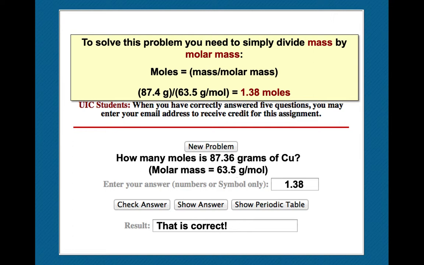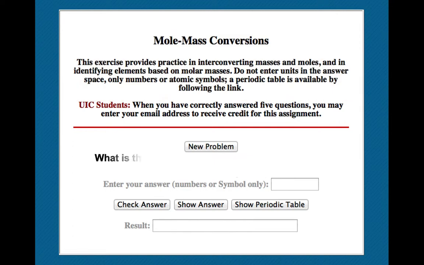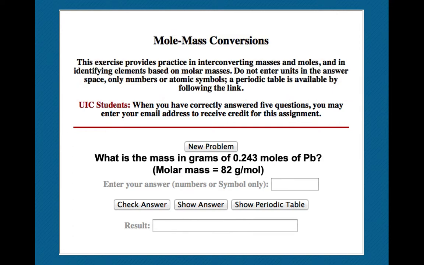Let's do another one. Again, we're looking for the mass in grams. We know the number of moles of lead, and we know the molar mass of lead. So we're looking for mass, aren't we?